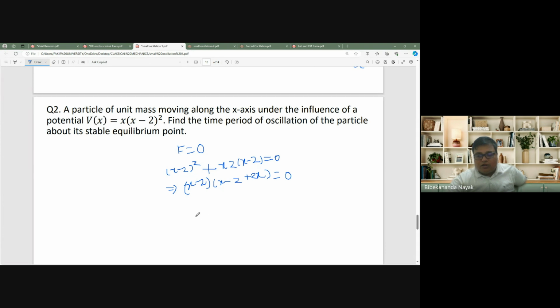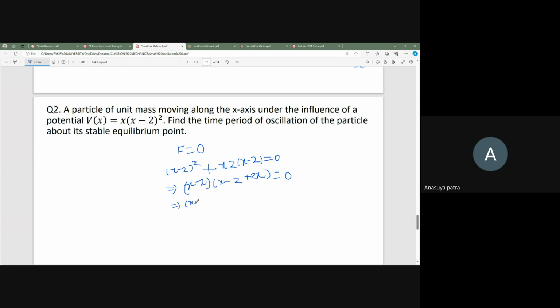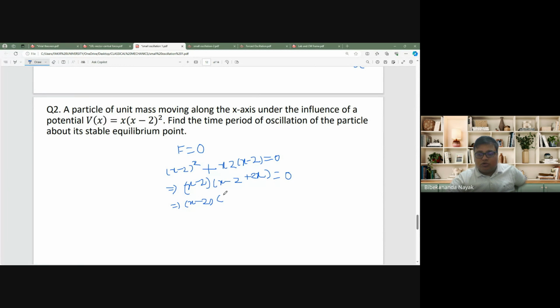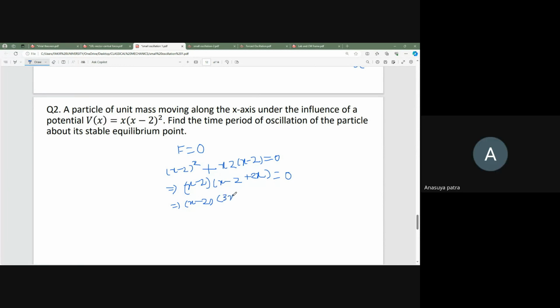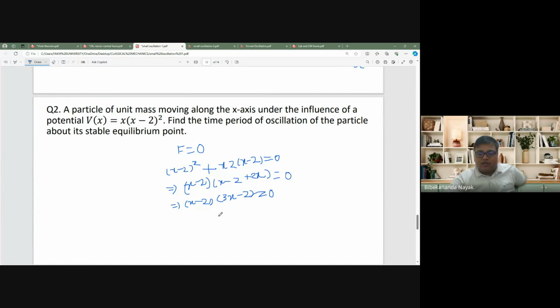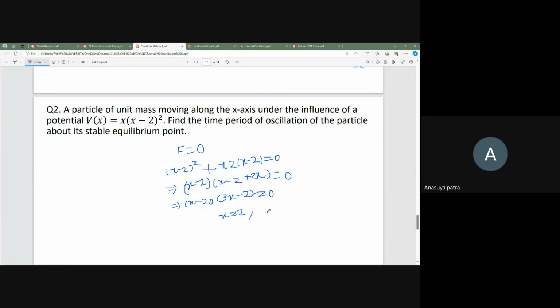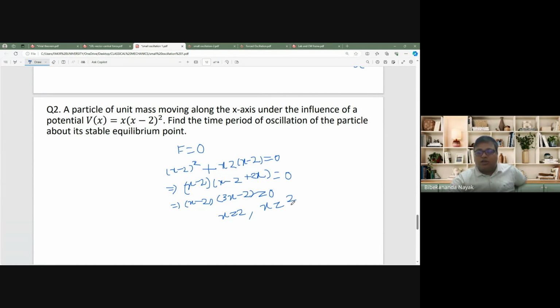That is x minus 2 into 3x minus 2. So what is the value of x? x has two values. One is 2, another is 2 by 3. These are the equilibrium point values.